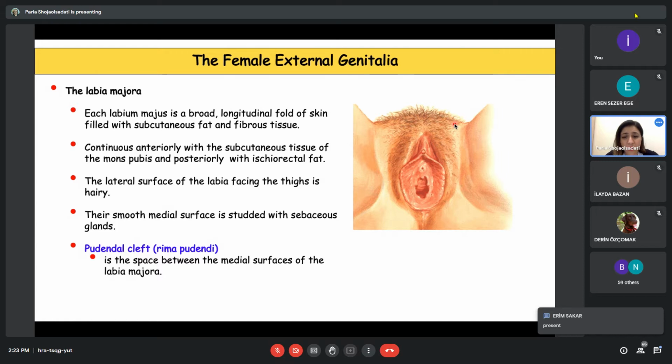The medial surface is studded with sebaceous glands, but the outer cover of the labia majora looks like normal skin, with hair and glands, like another part of the body. It is covered by skin, but the medial surface is covered by mucosa.